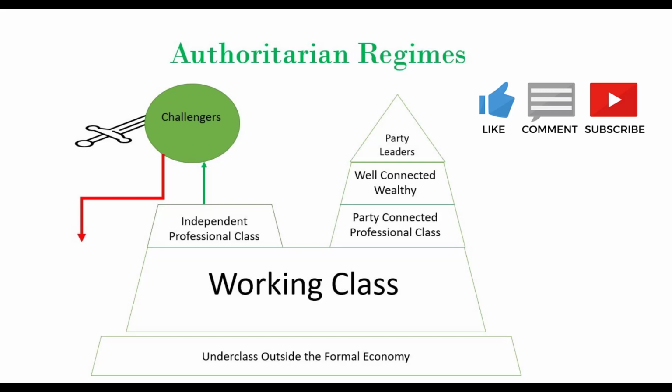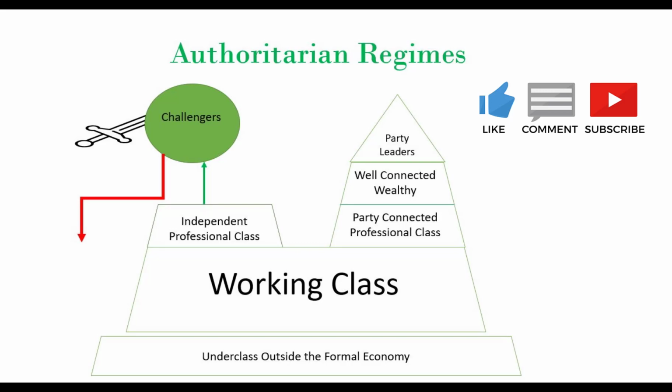And so that's why I see all the challengers as like a green circle with a sword stuck through it, because if anybody gets big enough to be a challenger status, they'll be dealt with. They'll be sent back down to the working class, or just no longer on this earth, or be integrated into the party. So that's the whole reason why the authoritarian regime model works, is because they take out the challengers before they get too big to be a challenger that has a real threat.